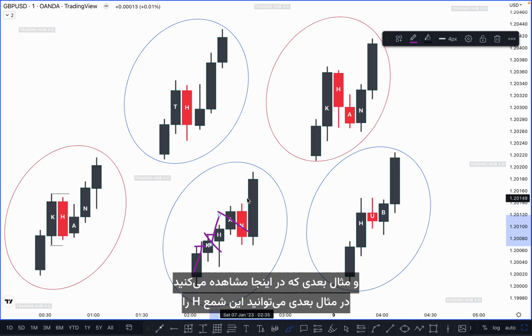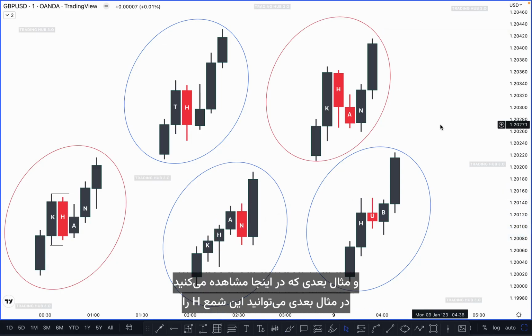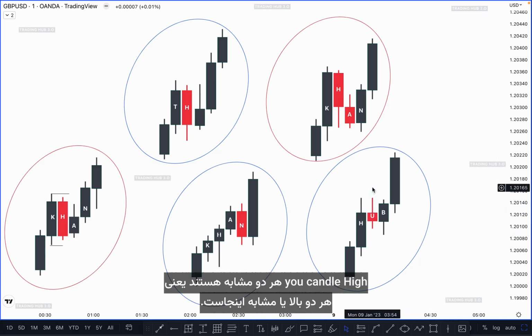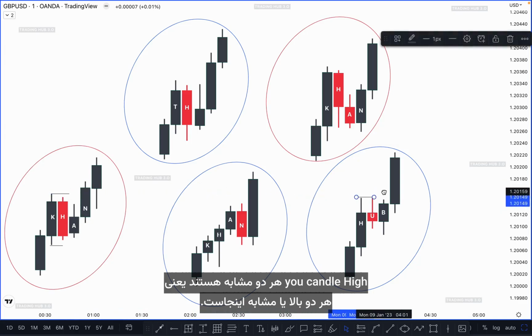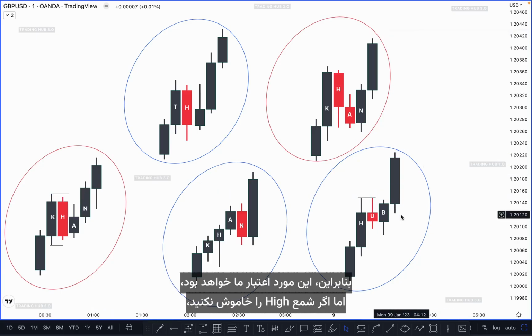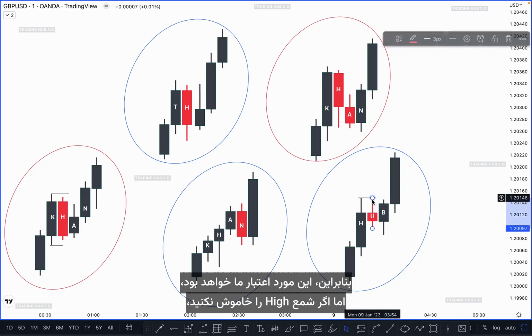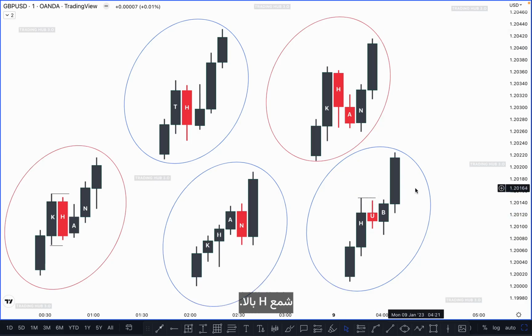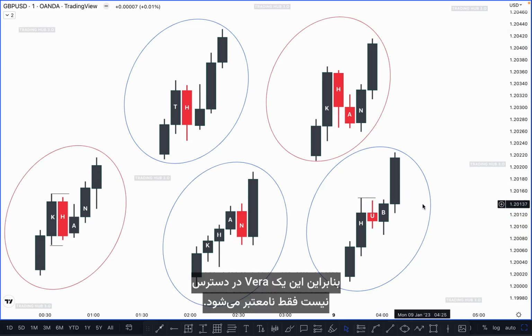In the next example you can see that the H candle high and the U candle high are both similar, meaning both highs are equal here. So if the market takes out the U candle low, this becomes our valid pullback. But if the U candle high does not take out the H candle high, this is not a valid pullback. This becomes invalid.